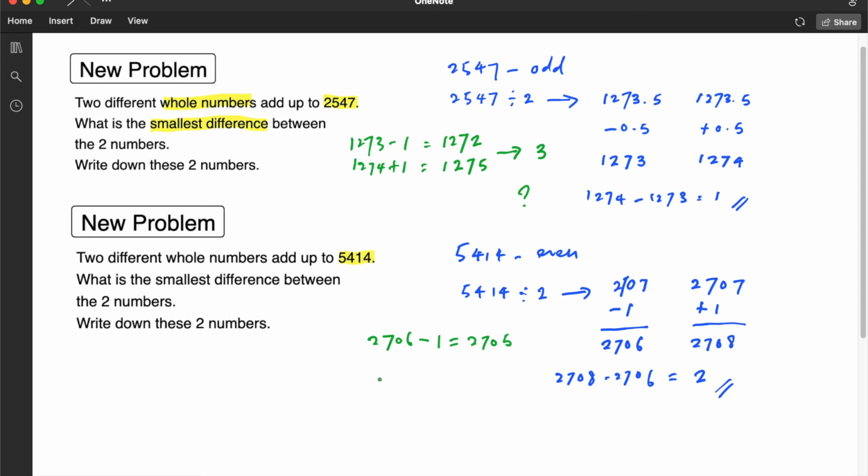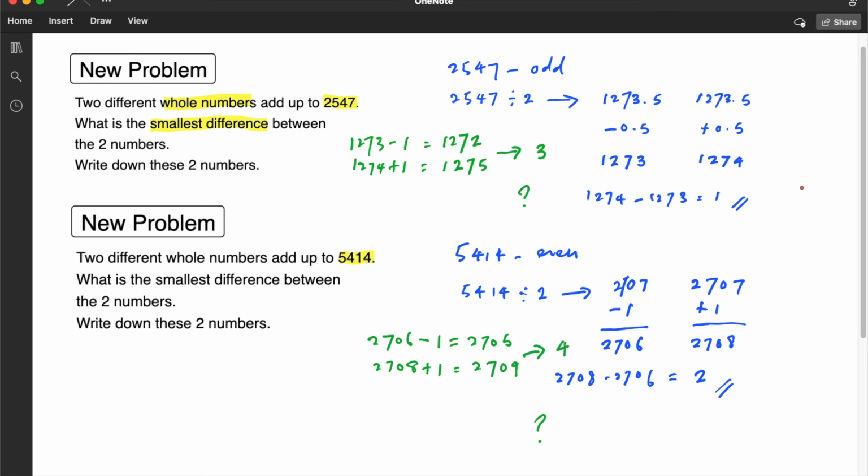And in order for the two numbers to add up to 5414, the other number we must add 1 to it, so 2709. What is the difference between these two numbers? It is 4. Again, a question for you. The smallest difference is 2, the next smallest is 4. What do you think will be the next smallest difference between two numbers?